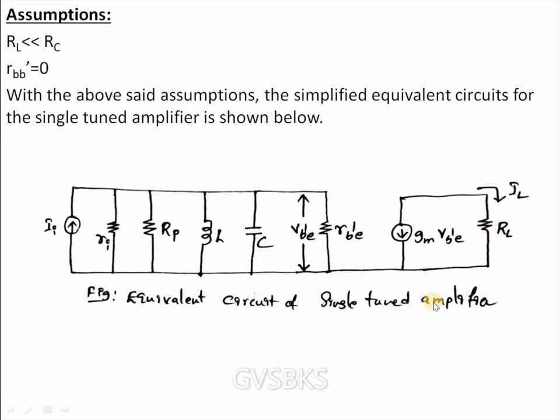IL is the load current flowing through RL. As I told, C is the equivalent capacitance, which is a combination of the external capacitance used for tuning, plus the capacitance between virtual base and emitter, plus the Miller's capacitance of the feedback capacitance, 1 plus gm RL into CB'C.